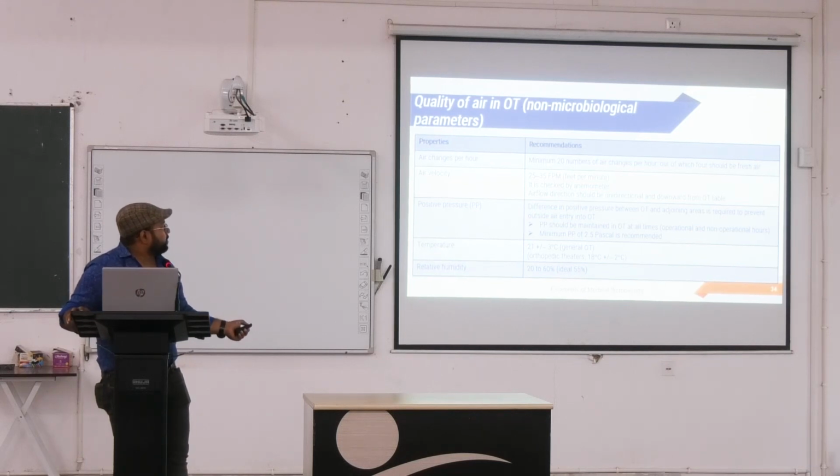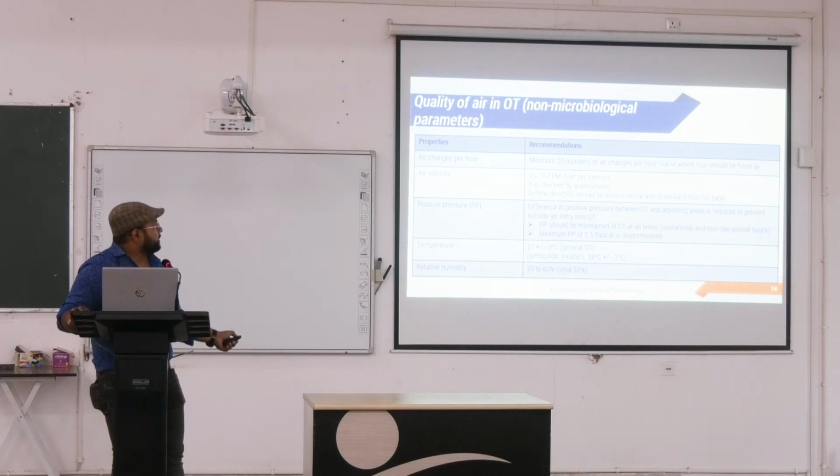Air changes per hour: minimum 20 air changes per hour. Air velocity 25 to 35 feet per minute, checked by an anemometer. Airflow direction should be unidirectional and downward from the OT table. Positive pressure: a pressure difference between the OT and the adjoining area is required to prevent outside air from entering the OT.